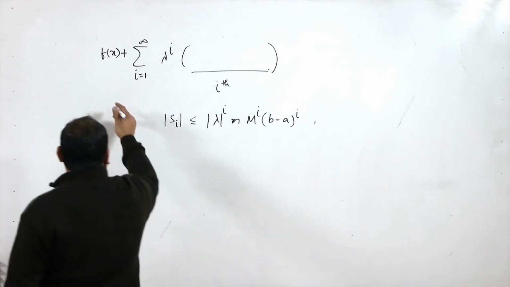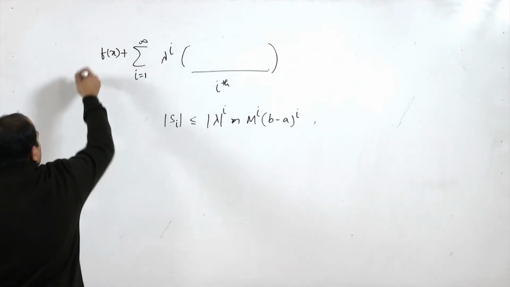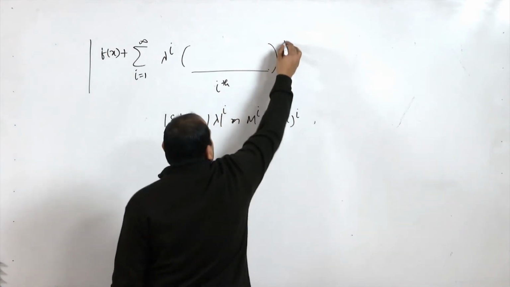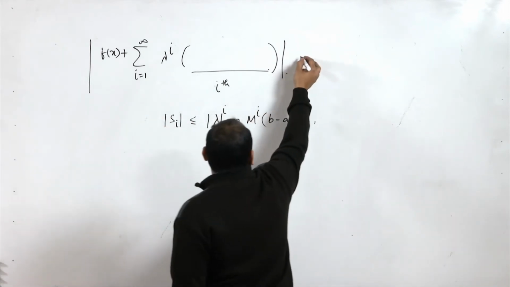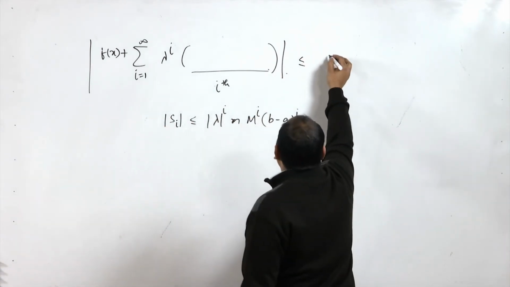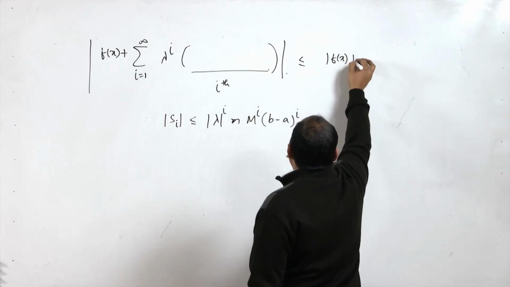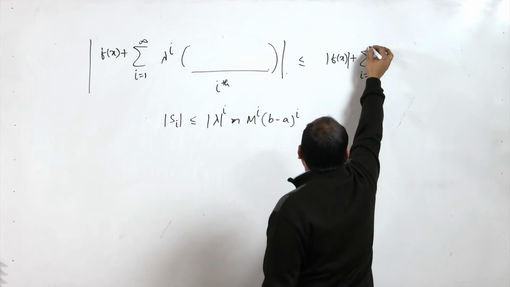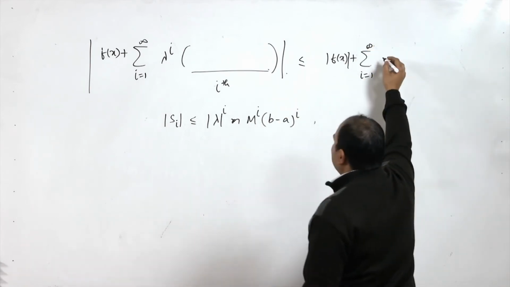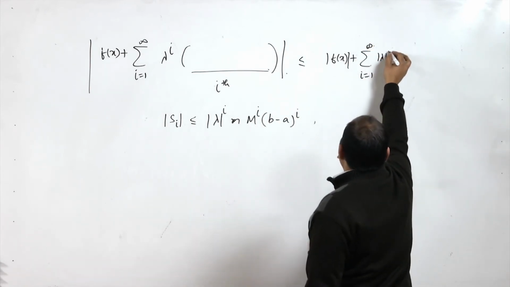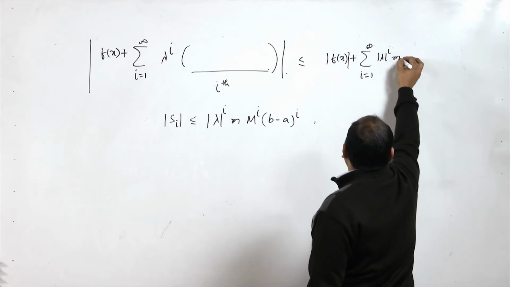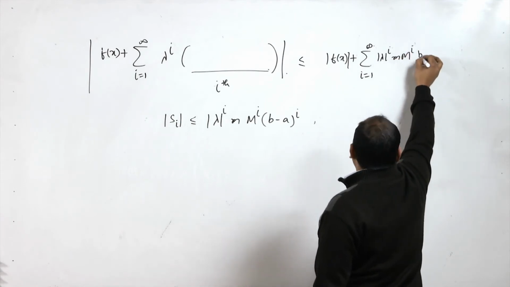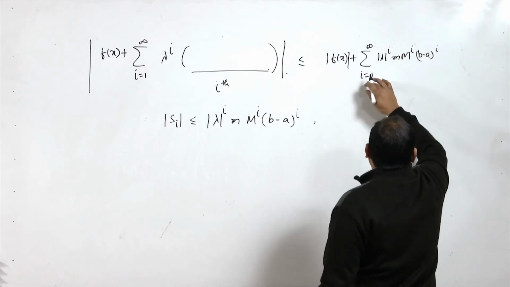So if you take the absolute value here, then this is bounded by modulus of f of x plus the summation i equal to 1 to infinity of modulus of lambda to the power i, small m, capital M to the power i, b minus a to the power i.